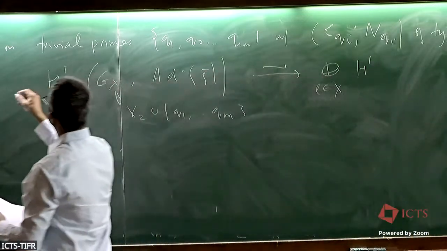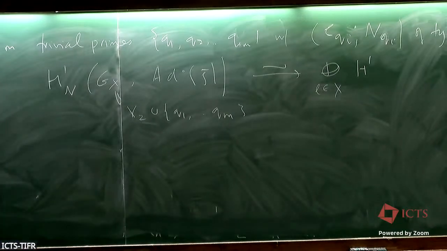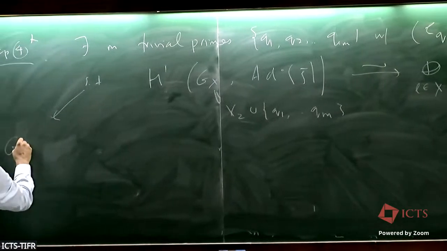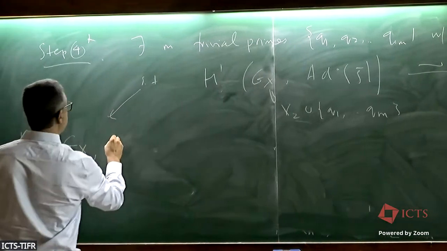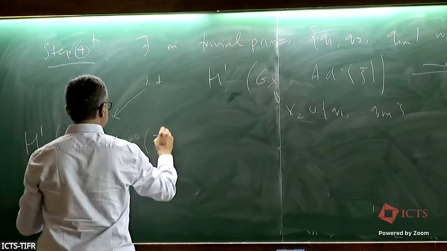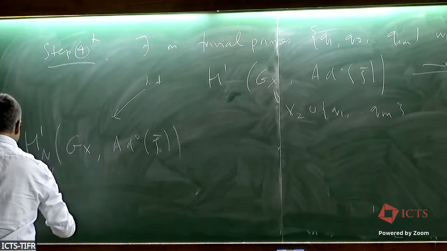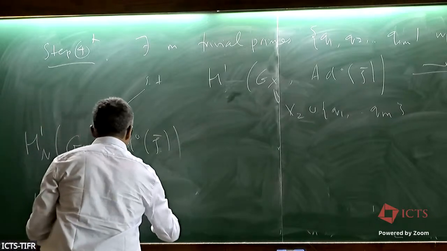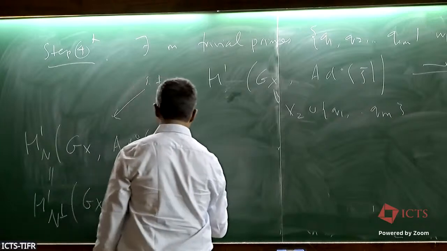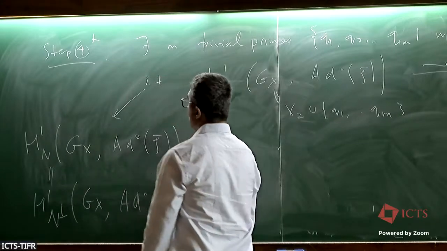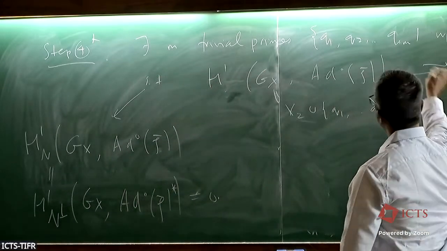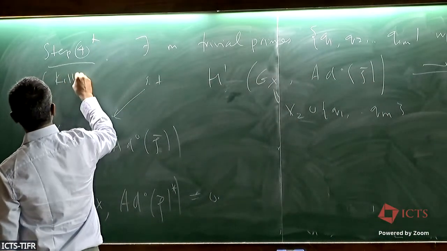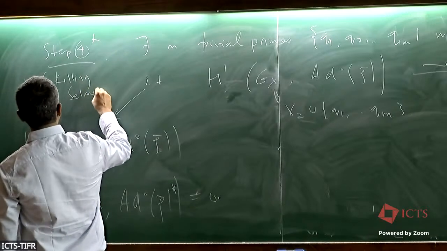So let me, such that some dual Selmer group, G_X ad 0 rho bar, some Selmer group and some dual Selmer group both vanish. So there are some trivial primes which kill both the Selmer group and the dual Selmer. This step is called killing Selmer, or killing dual Selmer maybe.